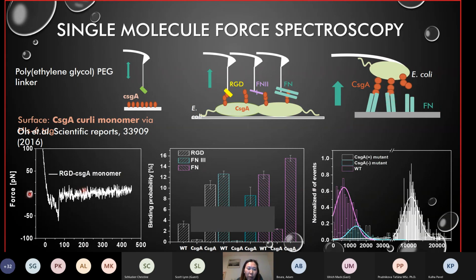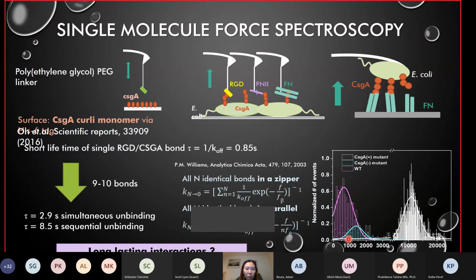As we calculate the force and distance here, we can easily calculate the work required to detach one single cell from the surface. And as you can see, the overexpressed mutant requires much higher work for the detachment of a single cell from the surface compared to the wild type and the knockout mutant.